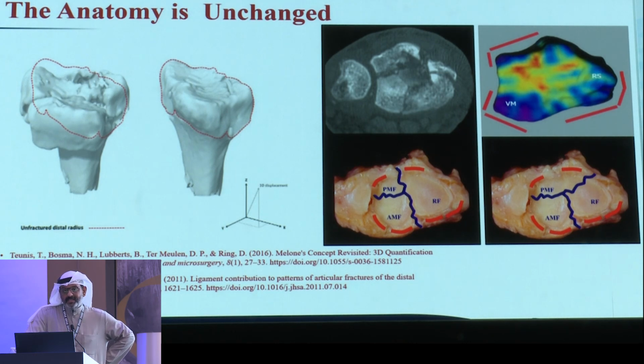The anteromedial part is the constant one, and the posteromedial part is the smallest one. So usually these are the fracture lines you see in a distal radius, and they almost always exit outside the ligamentous area. You will never see a fracture in a distal radius go through a ligamentous area, and this is proved by this study.